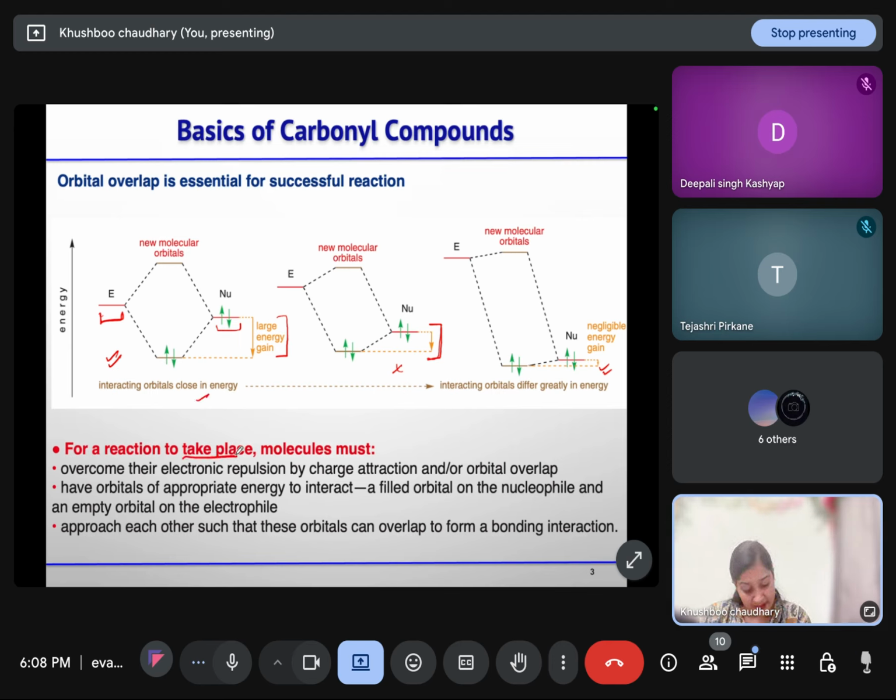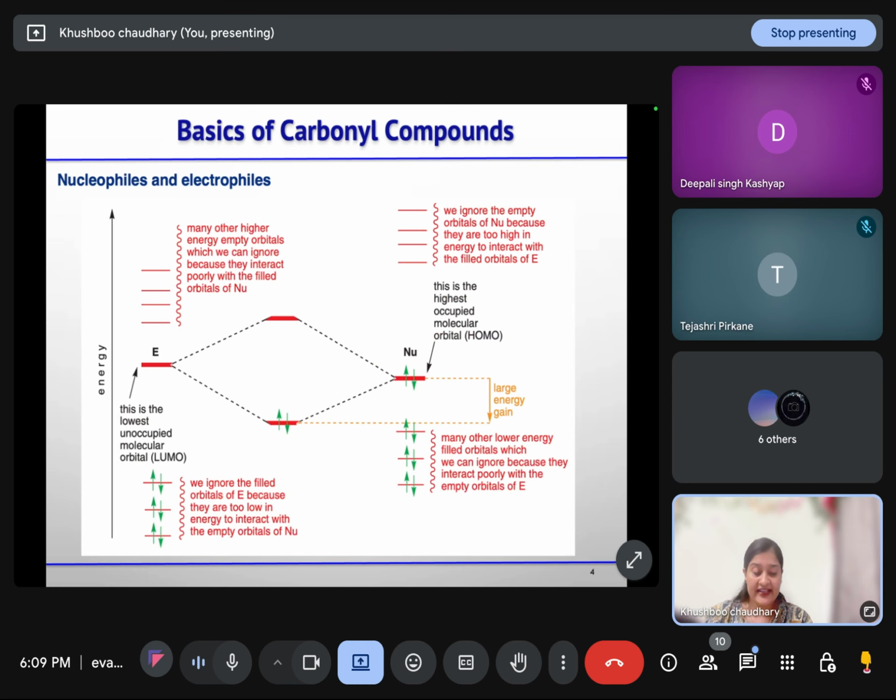For a reaction to take place, electronic repulsion should be overcome so that the nucleophile can reach the electrophile. Secondly, orbitals should be of appropriate energy to interact so that they can overlap properly. And the approach should be in a particular direction, which we will see in the further slides.